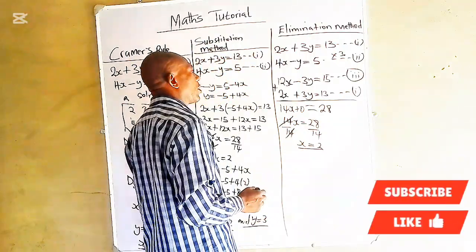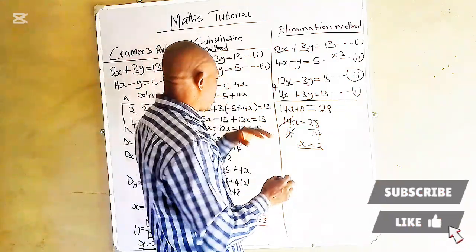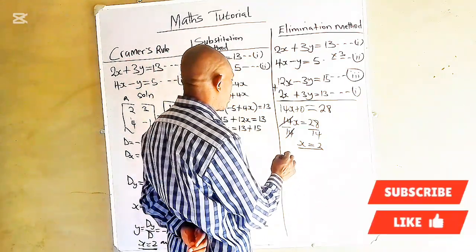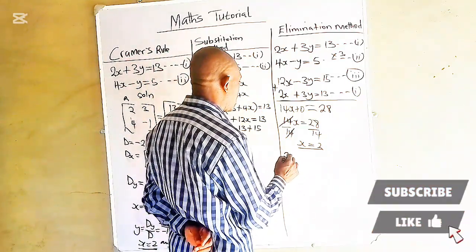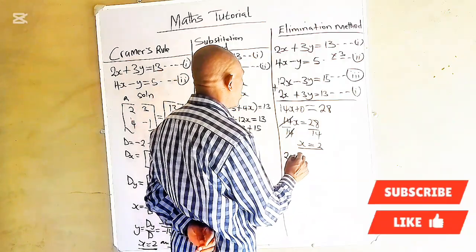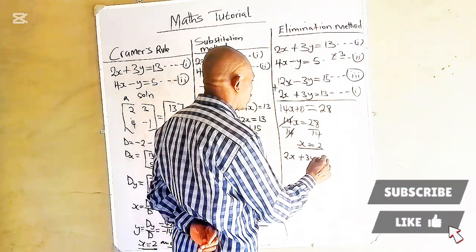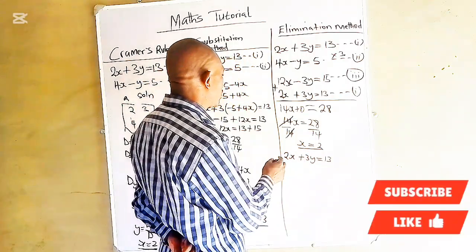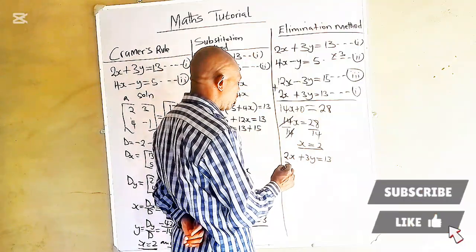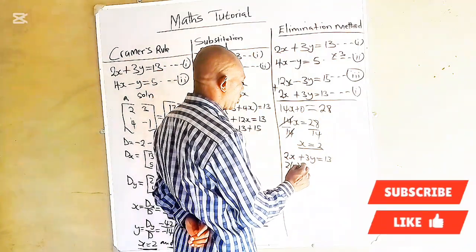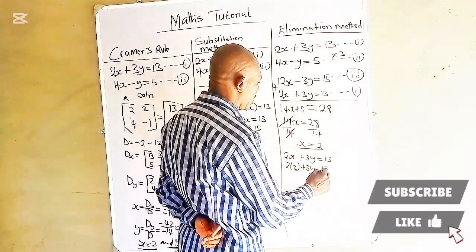We have 2 again. Then in equation 3 or in equation 1, let's use equation 1. In equation 1, 2x plus 3y equals 13. Let's replace x with 2. That means 2 times 2 plus 3y equals 13.